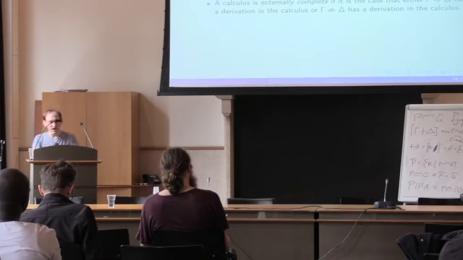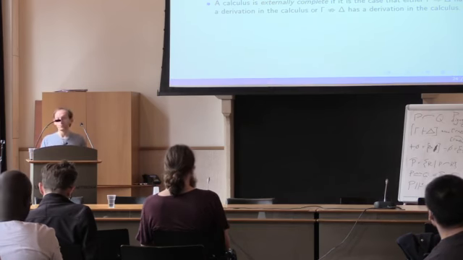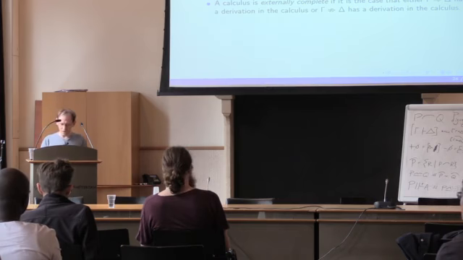So the idea here would be that for every argument from gamma to delta, the theory should either prove the corresponding sequent or the corresponding anti-sequent. I don't know whether the calculus is externally complete in this sense. If I had to guess, I would say that it is, but I'm not sure.